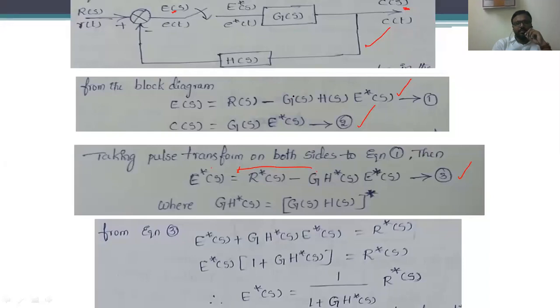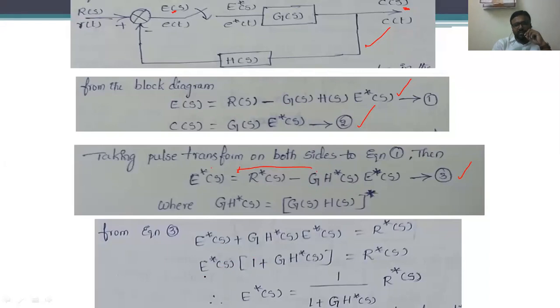Okay. So applying the pulse transfer function for this equation 1, we are going to get E star of S is equal to R star of S minus G into H star of S into E star of S. So just take this particular value to this side, we are going to get E star of S into 1 plus G into H star of S is equal to R star.